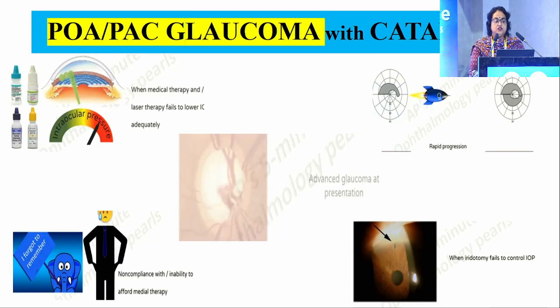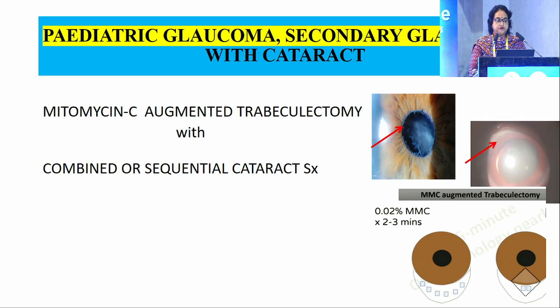Now, in a situation with primary open or closed angle glaucoma with some amount of cataract, when glaucoma is failing to lower IOP with medical or laser therapy, or there is rapid progression of glaucoma, advanced glaucoma at presentation, a non-compliant patient or inability to afford medical therapy, or in a setting of angle closure when iridotomy fails to control IOP, one may contemplate surgery.